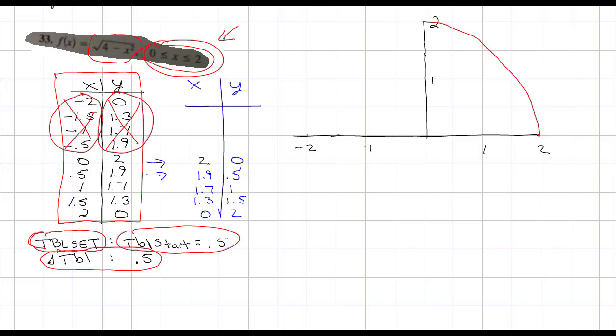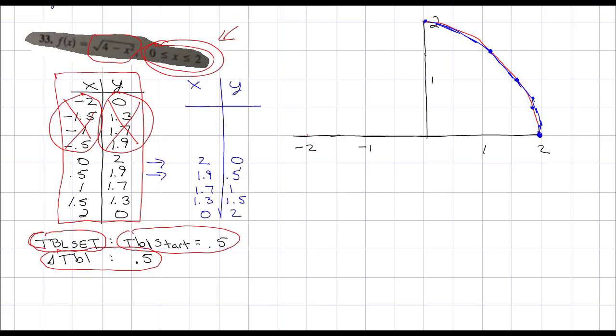If I plot those, here's 2, 0 in blue, 1.9, 0.5 is going to be there, 1, 1.7 is going to be there, 1.5, 1.3 is going to be there, and 0, 2. So the inverse graph is going to look exactly like the original graph.